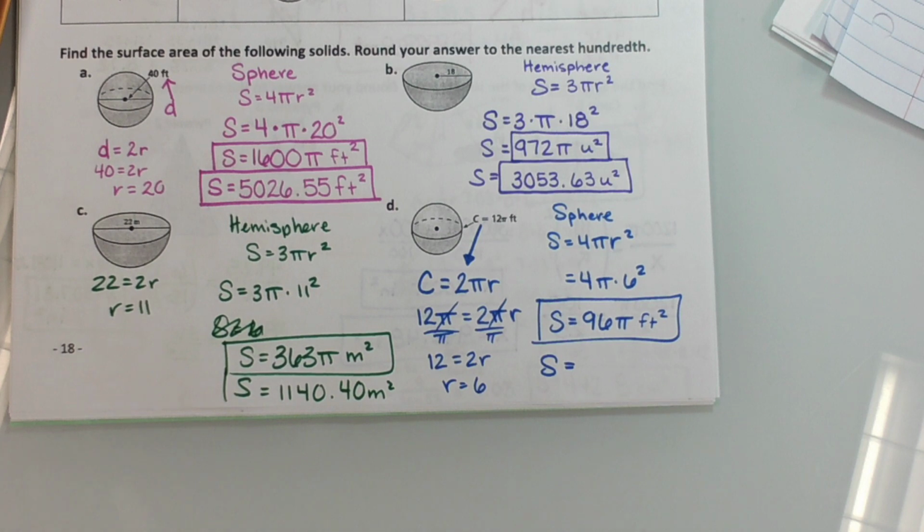Somewhere around 300. 452.39. Yeah. Look at the 4 pi 6 squared.